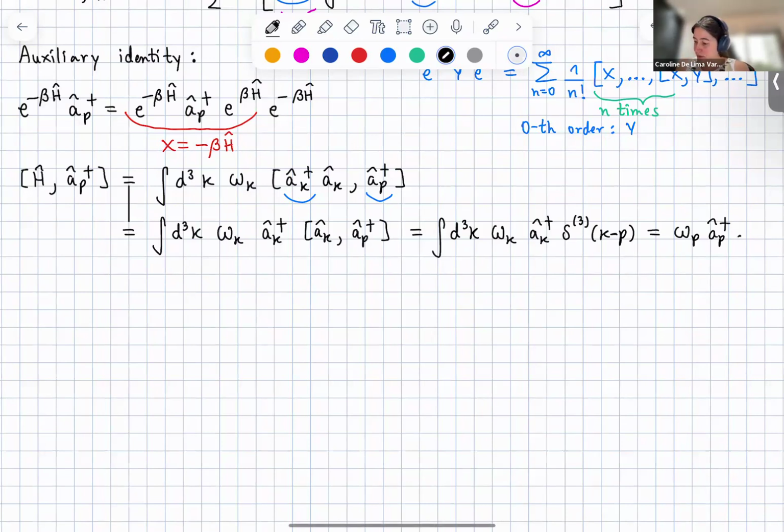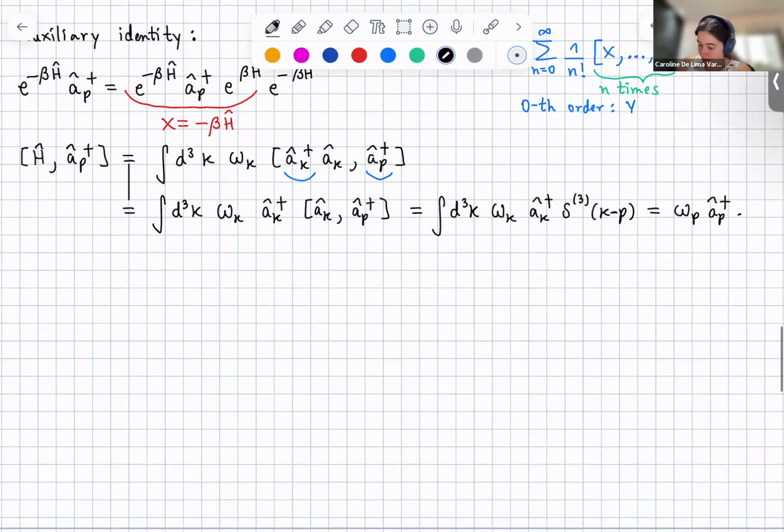Notice that we took the commutator between H and a_p dagger and got omega p times a_p dagger again. If you do this process again several times, you're going to see that the nth term, the nested commutator of H with a_p dagger, follows the same pattern.